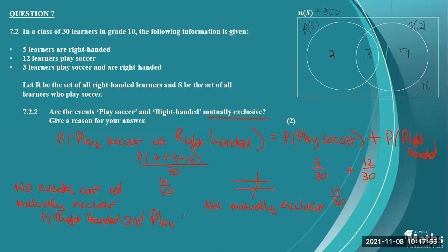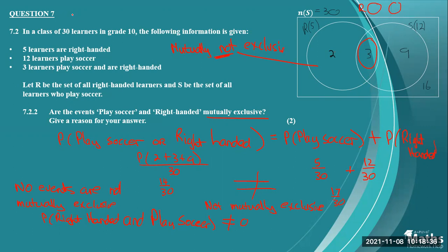This is the shortest explanation. If this was 0, meaning if it was two separate categories, the right-handed and playing soccer, and there was nothing that overlaps, then it would have been mutually exclusive. But because there's something that overlaps, it's not mutually exclusive, right?